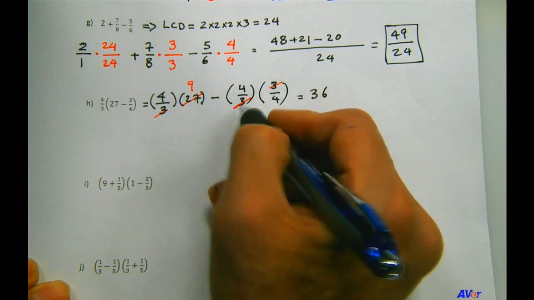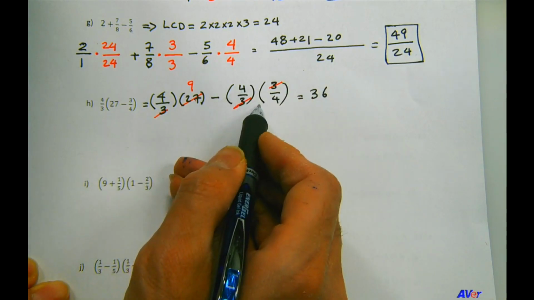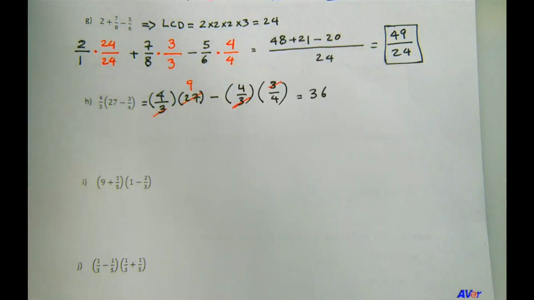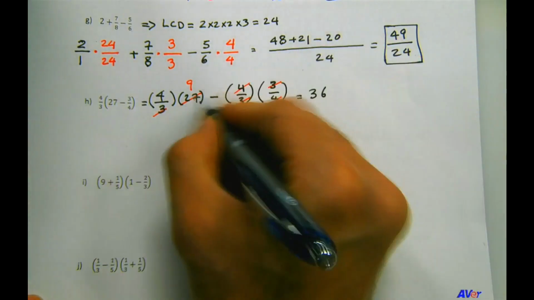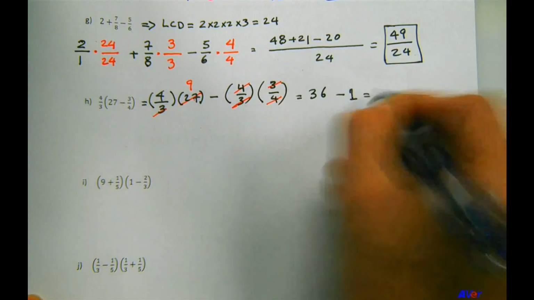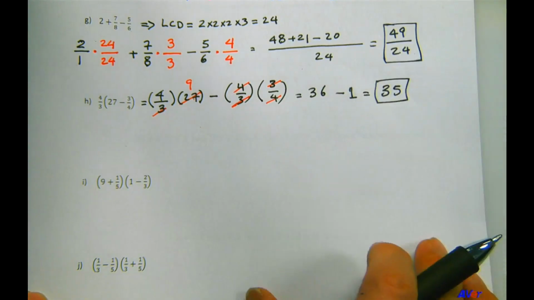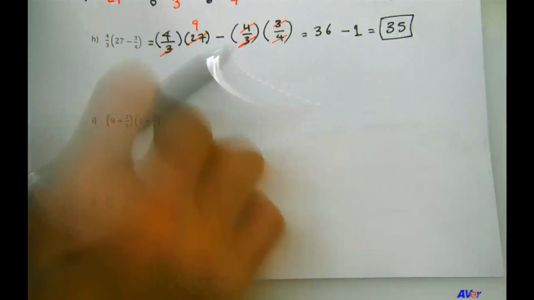After the 3's are gone, we're going to end up with minus 4 divided by 4. So they all cancel out too. So we have 36 minus 1, or 35. Okay, let's do that here.